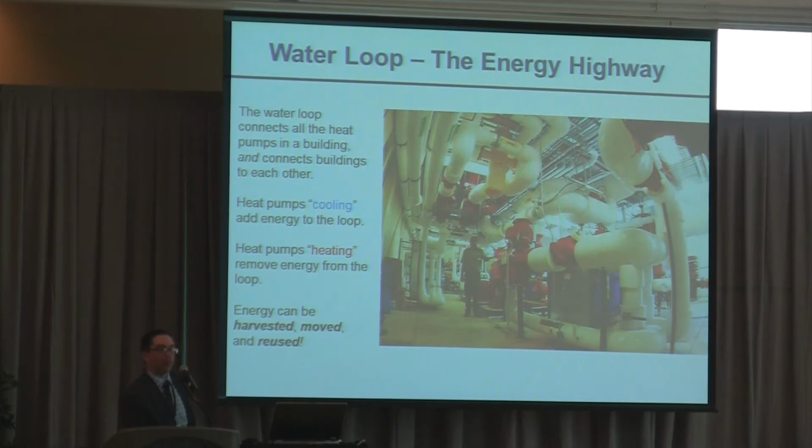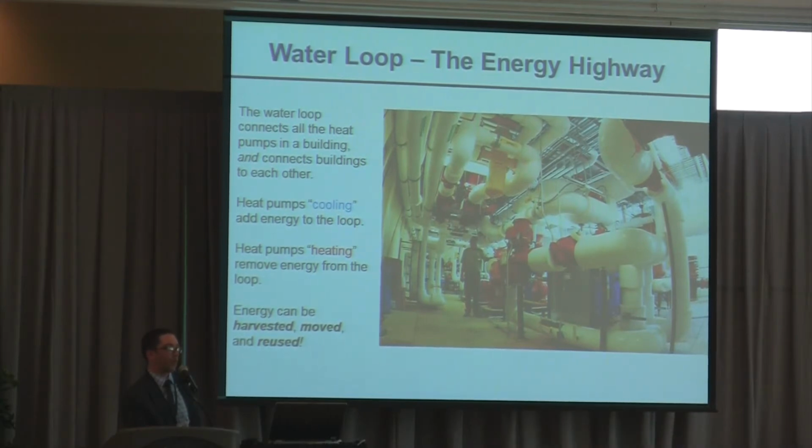So the fundamental principle here for how we move energy is using water. Water is a good conductor of heat, and it's very easy to move it around a facility or a campus, sometimes even long distances via pumping. So we use water loops inside individual buildings, and then we also use water loops across campuses to connect buildings.